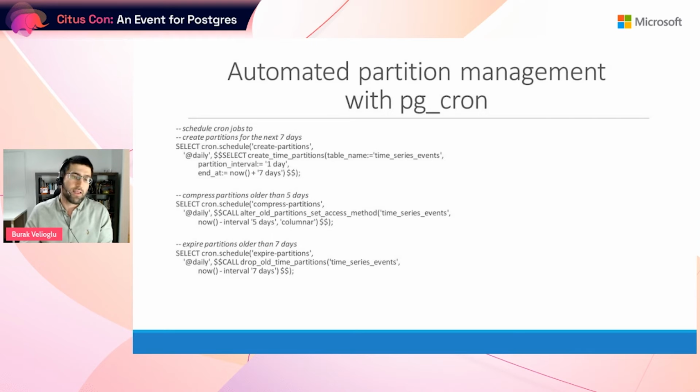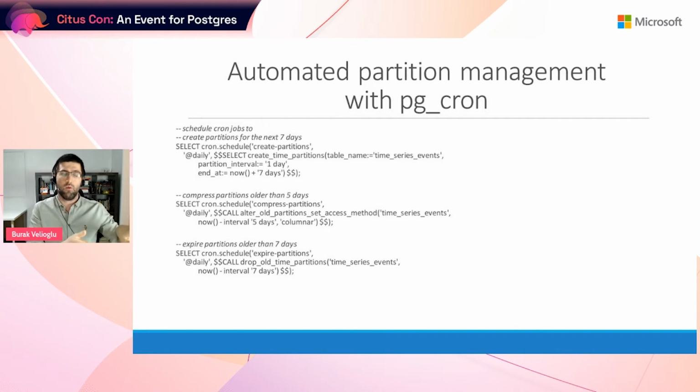You can provide the timestamp as now minus something, so that when the cron job runs daily, it will, let's say, drop the partitions older than 7 days, because now basically represents the day the scheduled job is running.